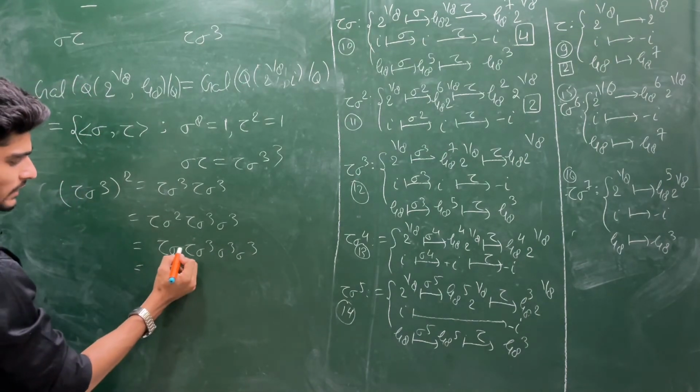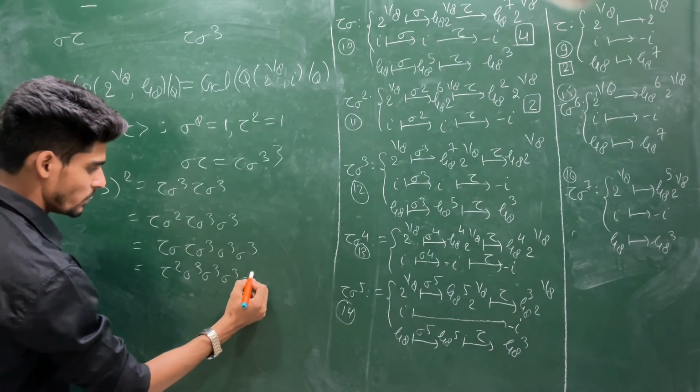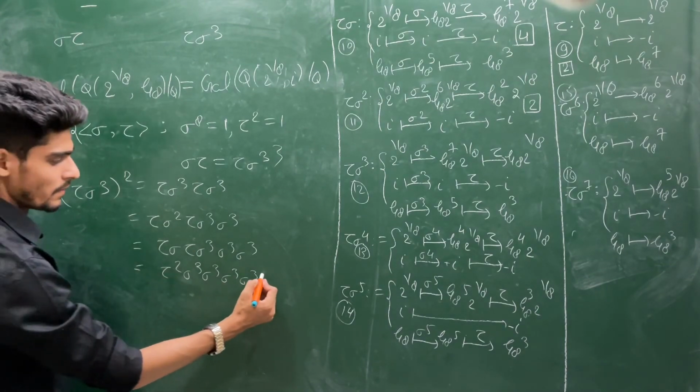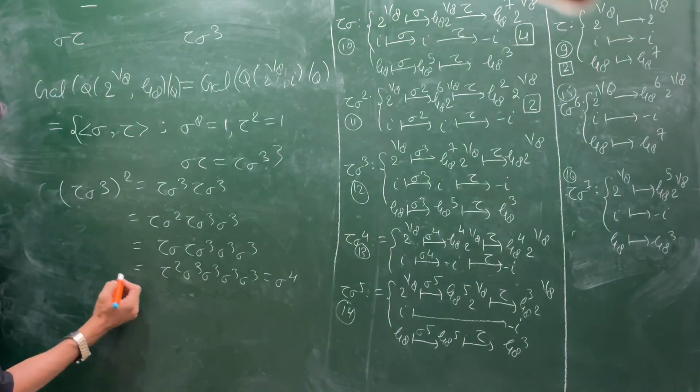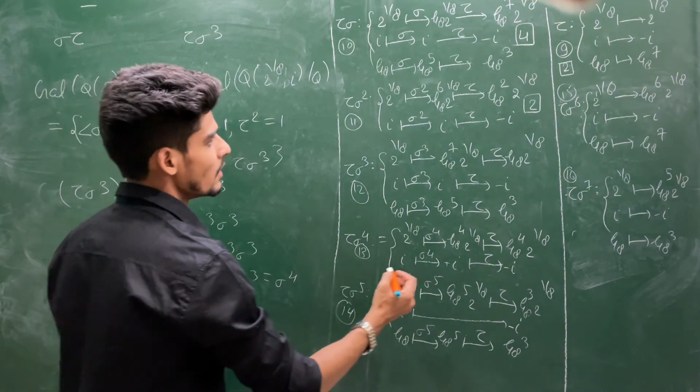You will have tau square, sigma cube, but tau square is identity. This is sigma to the power 12, which is sigma to the power 4. That means this is an element of order 4, because if you square it again, you will get identity. So this is an element of order 4.